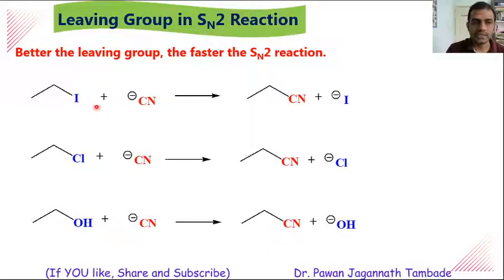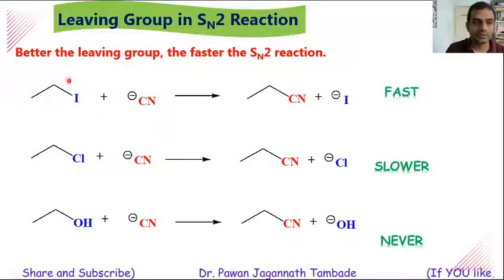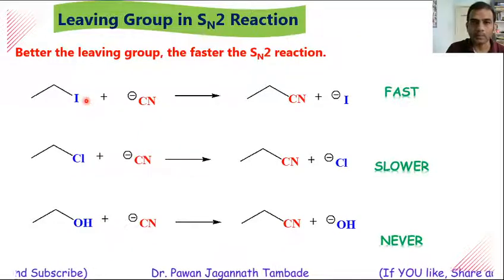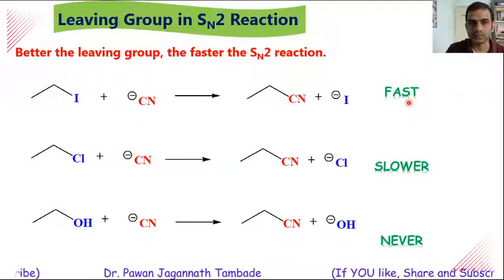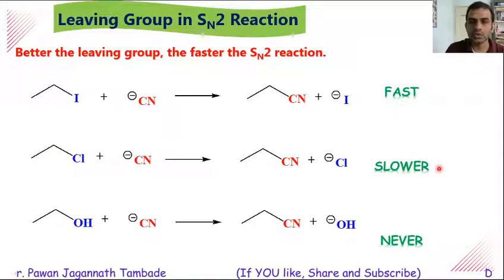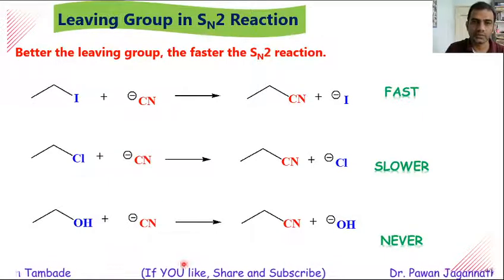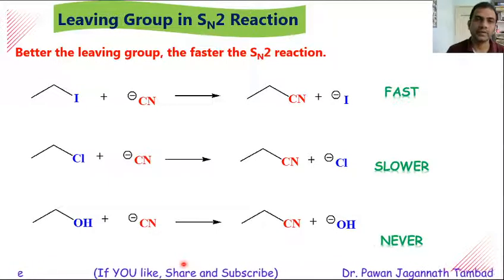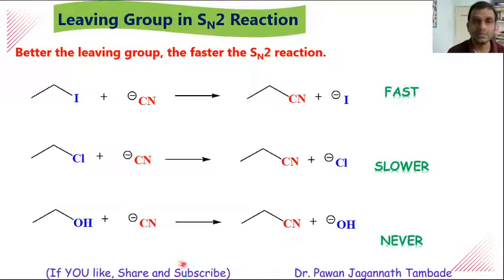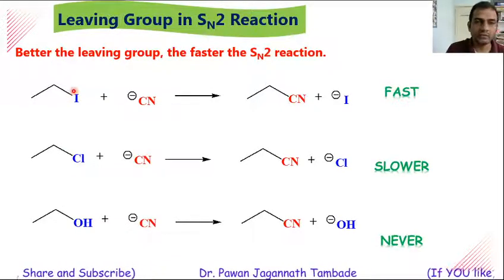When we did these types of reactions with the same nucleophile, we found that the reaction of this iodo compound is faster. This substrate undergoes SN2 reaction slowly, and this type of reaction is never observed. Dear friends, if you look at all these three reactions, you will find that there is a difference in the leaving group only.